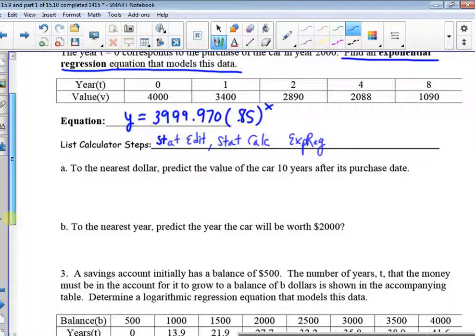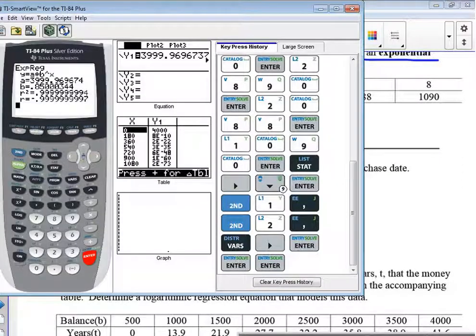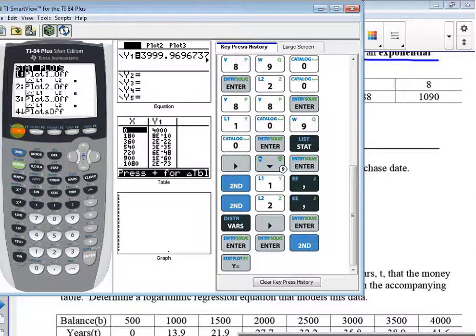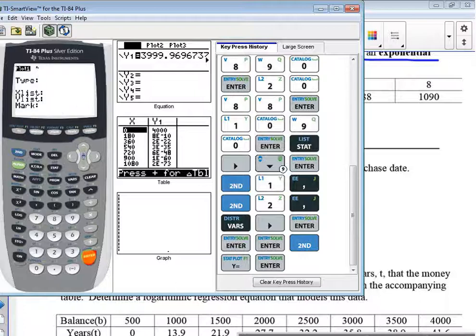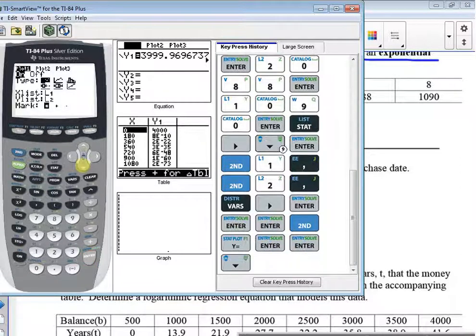Okay, so let's go back and take a look at this. If I go to second y equals, I want my scatter plot to be on, and I want the x list and y list to say L1 and L2, and they do.